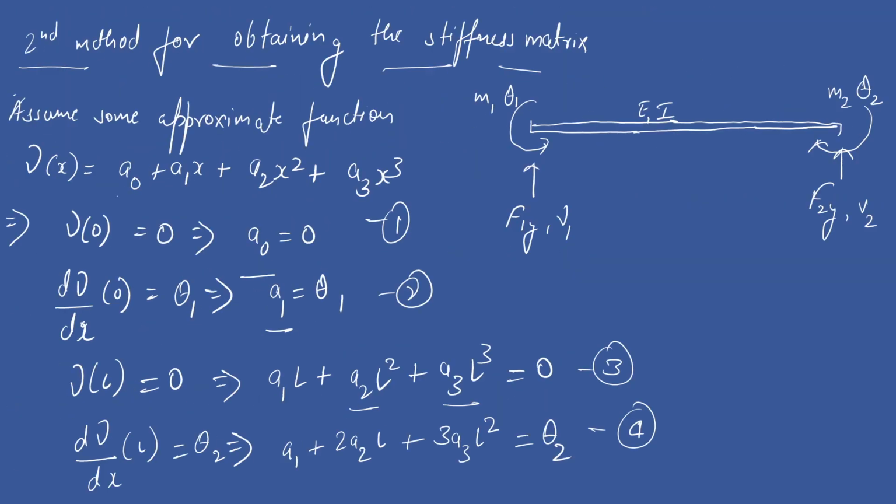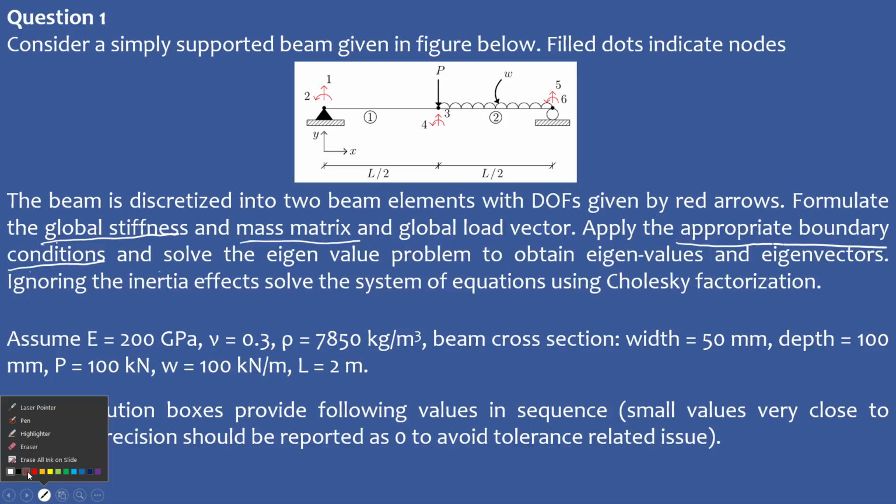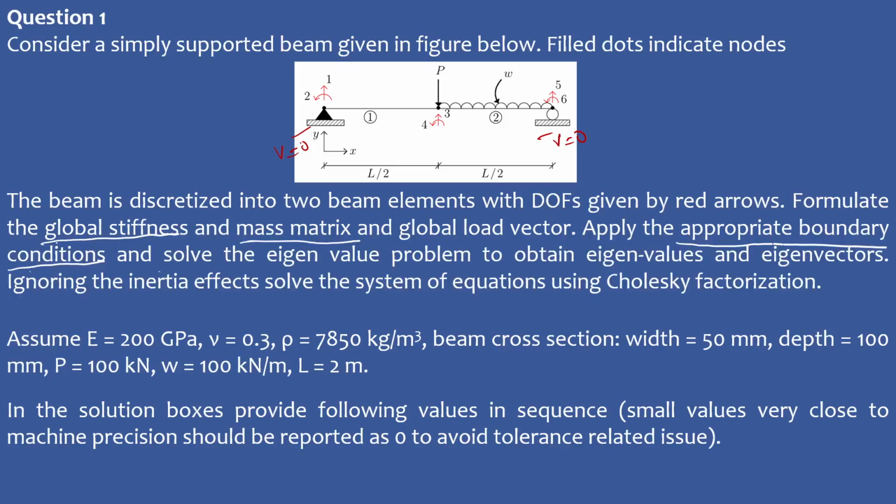So let's apply the appropriate boundary conditions. So if we see in our particular problem, your displacement here as well as here is 0, right? So at both the ends you are having the displacement as 0.